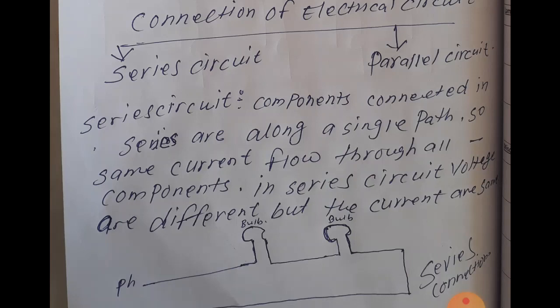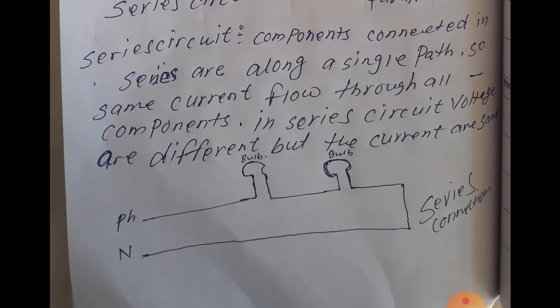If you give the first component 240 volts, by the fifth or sixth component the voltage drops very low. So those components do not work well, and they will be damaged. So series is not used much.